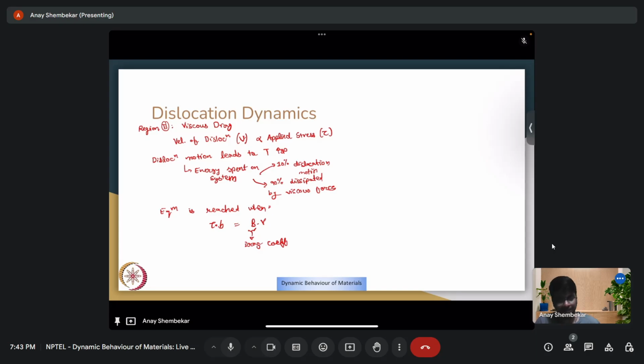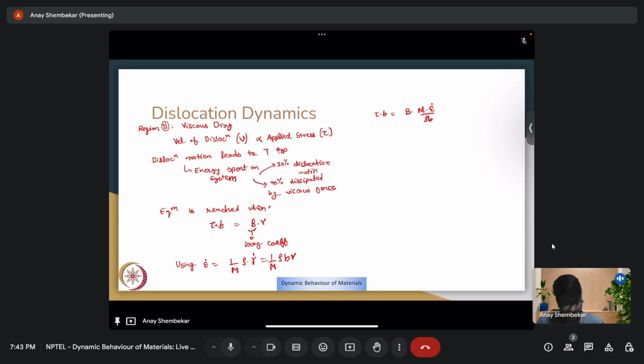So using epsilon dot equal to 1 by m rho gamma dot, which is 1 by m rho bV, you end up with tau b is equal to capital B into m into epsilon dot by rho b.